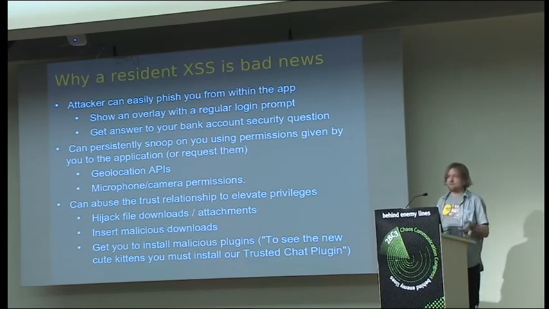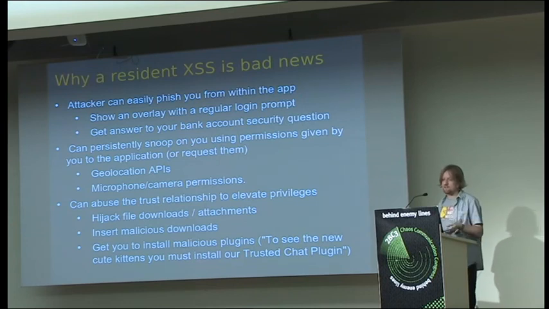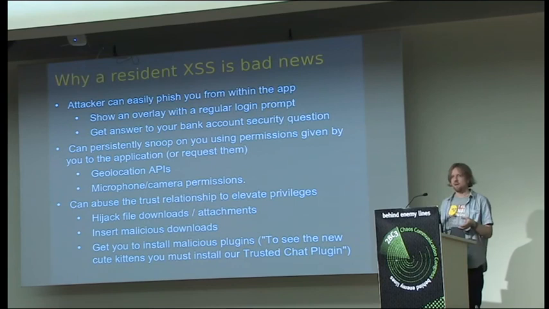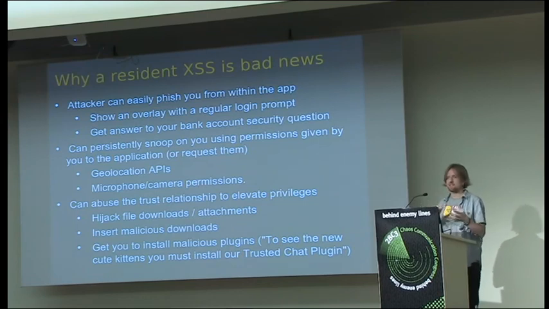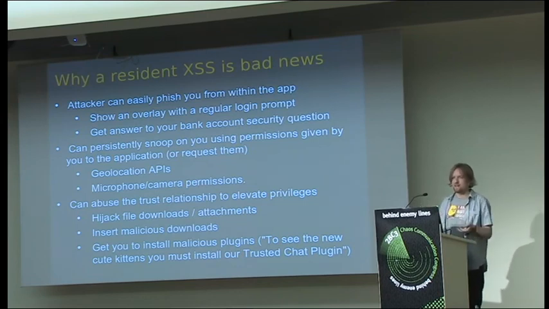And then there are things like geolocation APIs or a microphone or a camera that you might have granted access to just that application, but the way the browser keeps track of which applications can access those features is by origins. So the attacker's scripts run in the vulnerable origin.